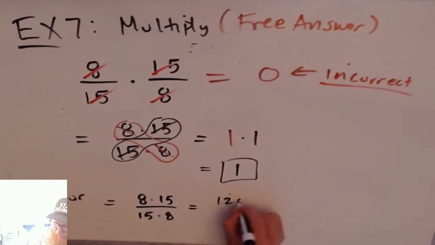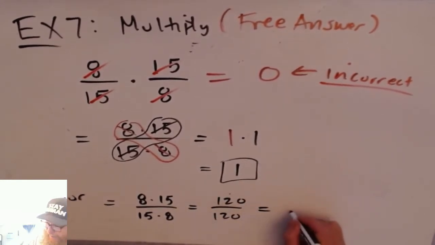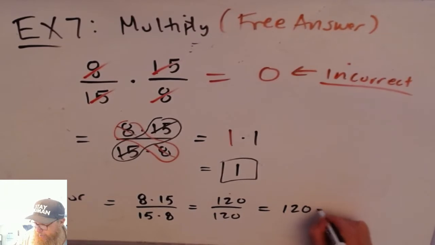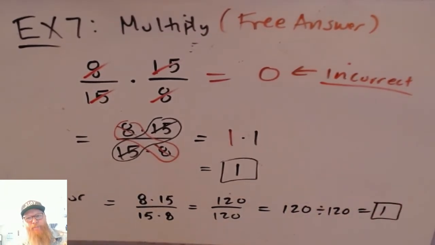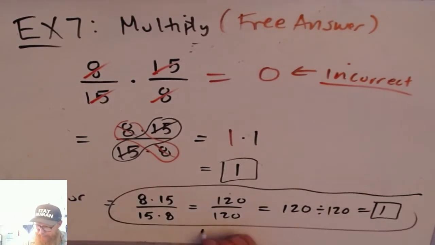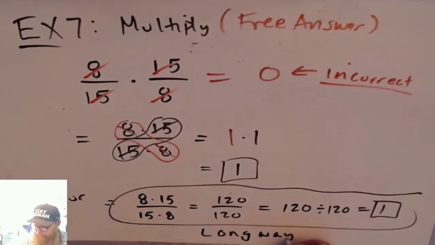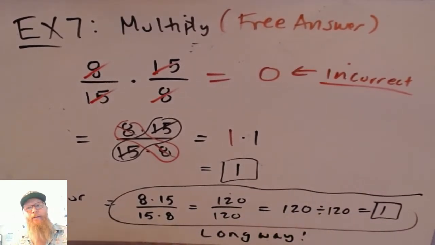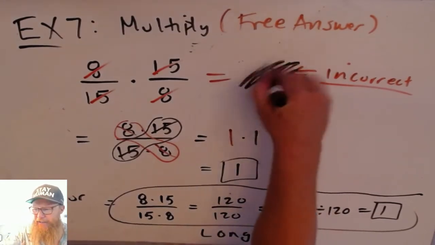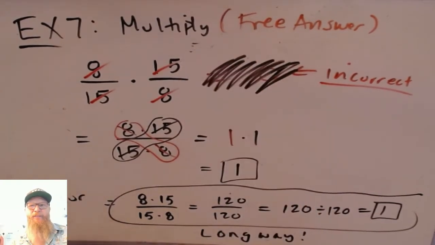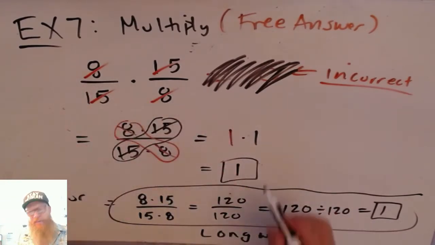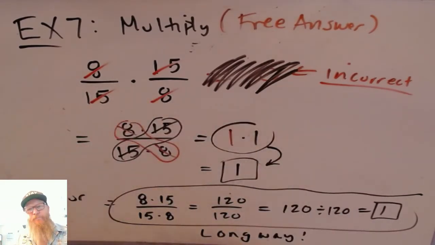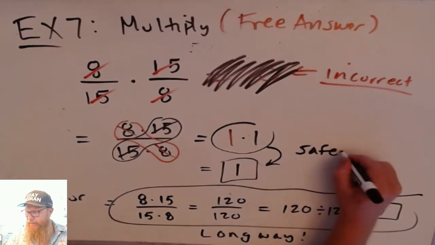You could get 120 over 120, and you could go 120 divided by 120, and you're still going to get 1. Yeah, this is the long way. But definitely don't put 0. It's 1 times 1 is essentially what this is, which is just 1. That's the safe way.